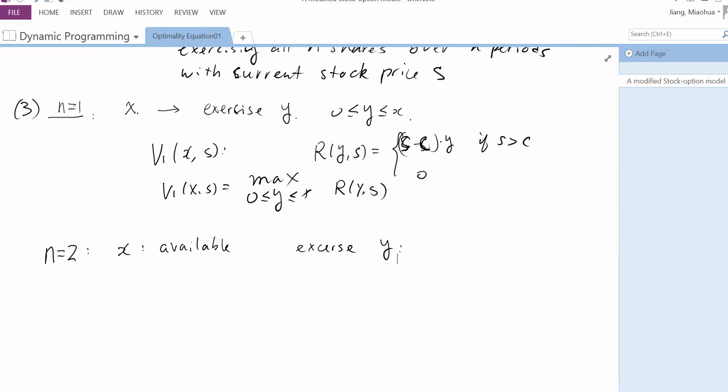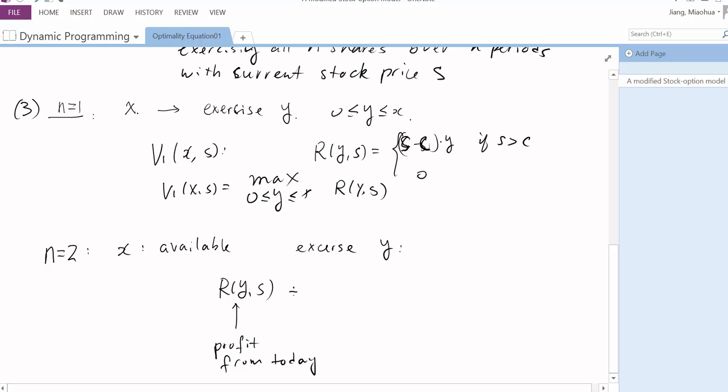We have the following. If you exercise Y, then you have R(Y, S). We don't even need to use the expression we have over there, we just use a function symbol over here. And this one will be profit from today.